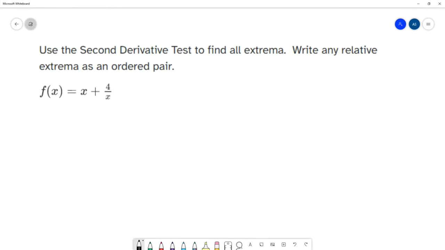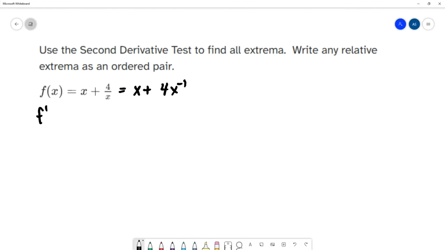So to do that, we're going to start by finding the first derivative, and to make calculating the derivative a little bit easier, I'll write this as x plus 4x to the negative 1, and that way I don't have to use the quotient rule when calculating the derivative.